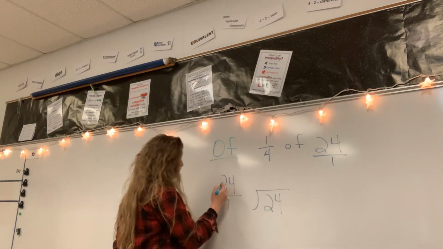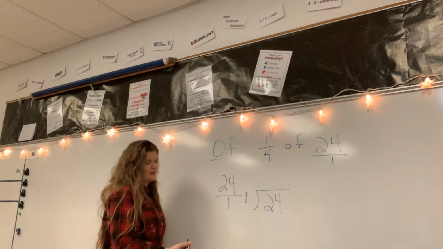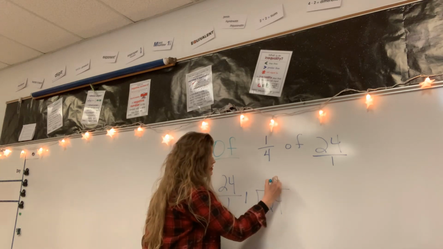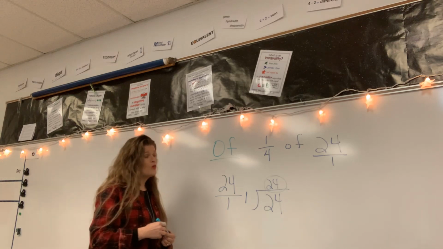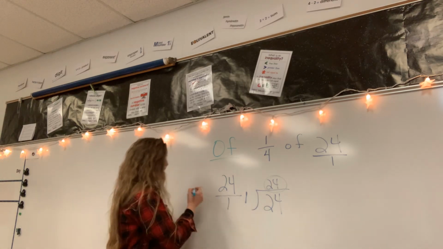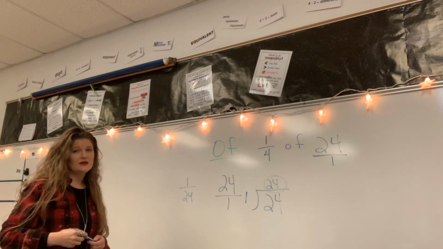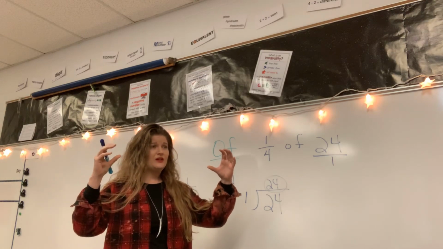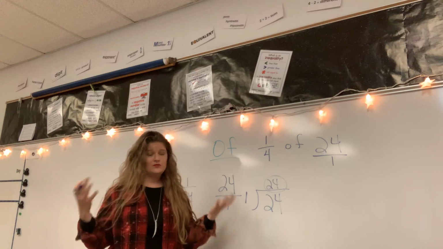How many parts do I have? How many parts does it take to make a whole? Well, how many ones fit in a 24? 24. Okay? It does not work the other way. The reciprocal of that does not work. I cannot say 1/24 is the same thing as 24. It's not. That's like saying I have 24 and I split it up into 24 tiny little parts. This means I have 24.